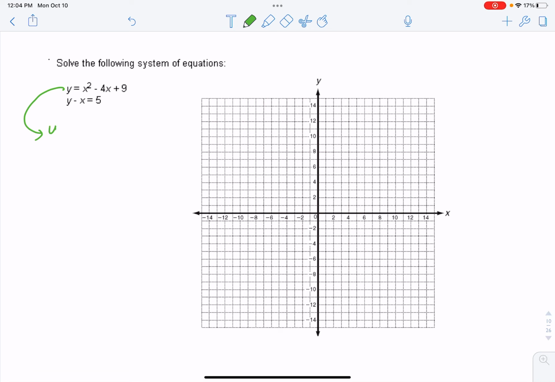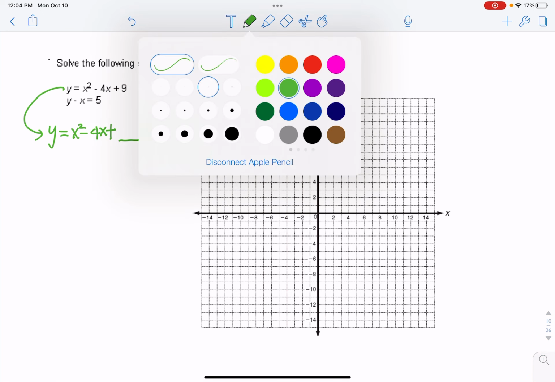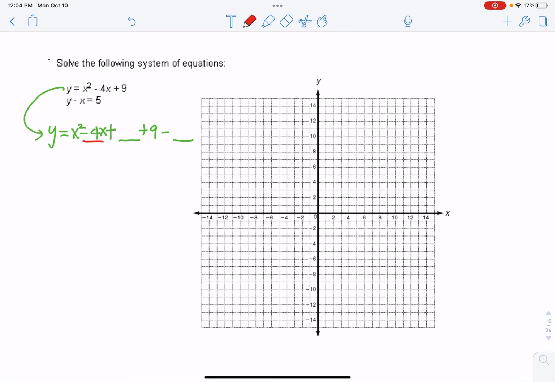So y equals x squared minus 4x plus, we have to add a certain value c, plus 9 minus the same value. That value will be half of this term, which is negative 4 over 2, squared, which is 4.